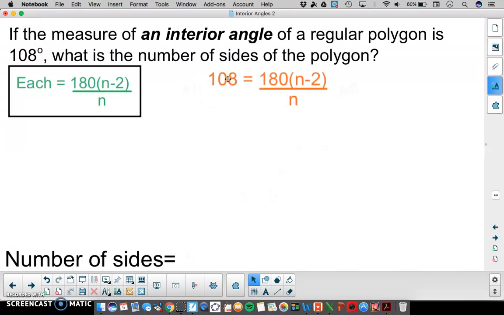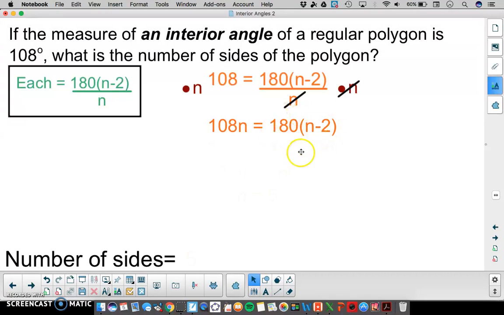So I'm going to have 108 degrees equal to 180 times n minus 2 divided by n. Now this is just an algebraic equation that I can solve for that value n. So first I need to get n out of the denominator, so I'm going to multiply by n on both sides. Notice on the right hand side that those n's are going to cancel away, and I'm just left with 108 times n equals 180 times n minus 2.